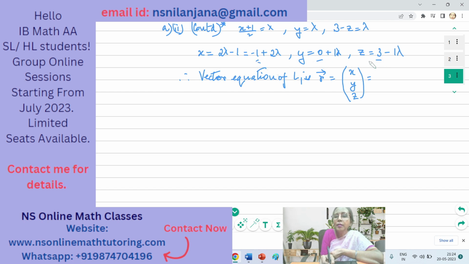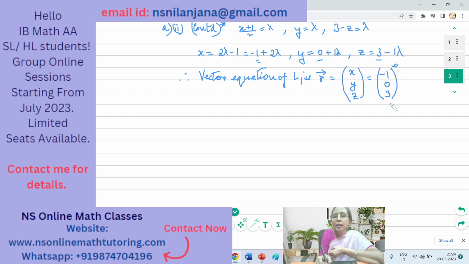Actually, this is the point on the line that we know. There are infinite number of points on the line L1, but we know that this point is on the line for sure. And we have just now tested in part (i) that this point indeed lies on the line L1. It is the same point that we are getting.